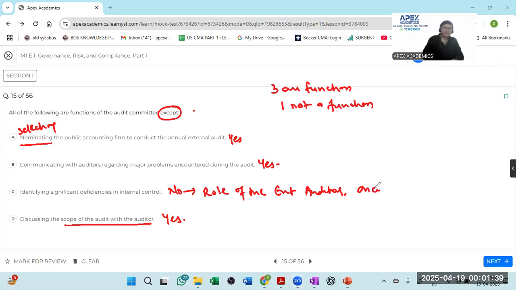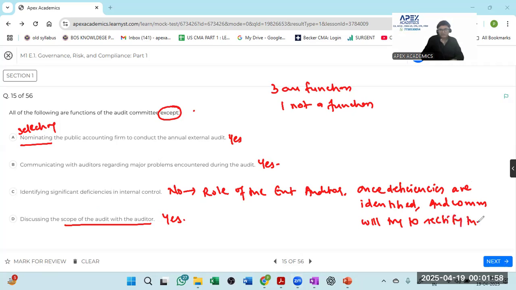Sir, once deficiencies are identified, the audit committee will try to rectify the same. What will the audit committee do?